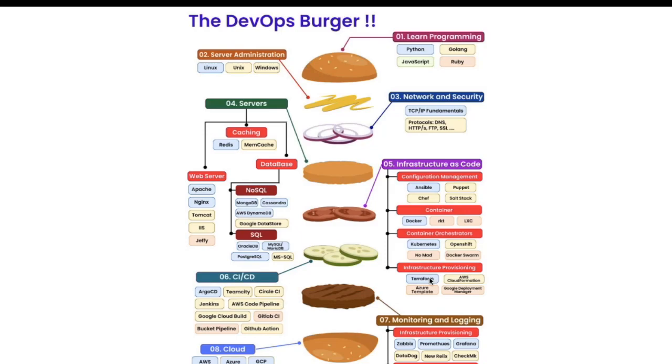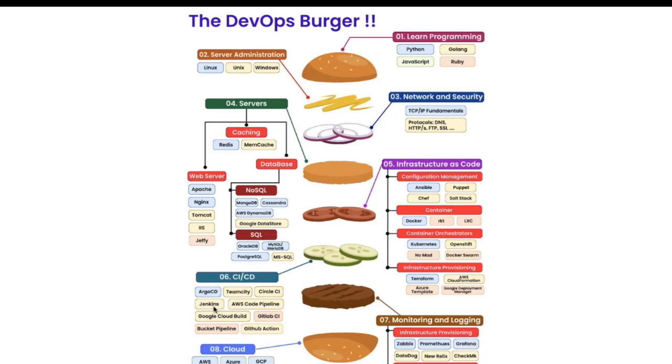Next is the main layer, CI/CD. Here a lot of tools are there. We need to be proficient in any one tool. First is the Azure DevOps, and next is the GitHub Actions. These are the Microsoft tools. The remaining, Jenkins, Argo CD, CircleCI, TeamCity, are all third-party tools you can ignore.